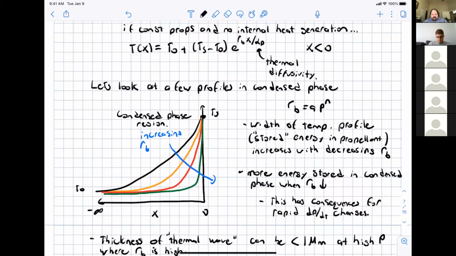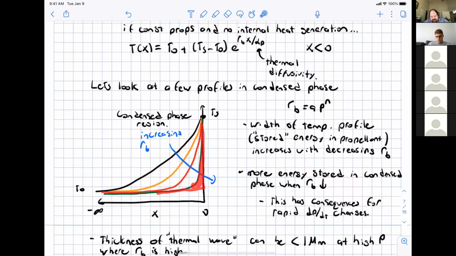Note that r_b equals a P to the n. So if we are burning our propellant at a low pressure, we can have this much stored energy in the propellant over here. But now say we suddenly bump up the pressure of our system, and the equilibrium energy stored would just be this tiny little region here.